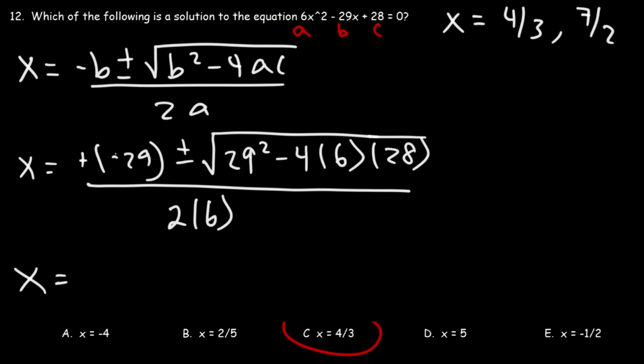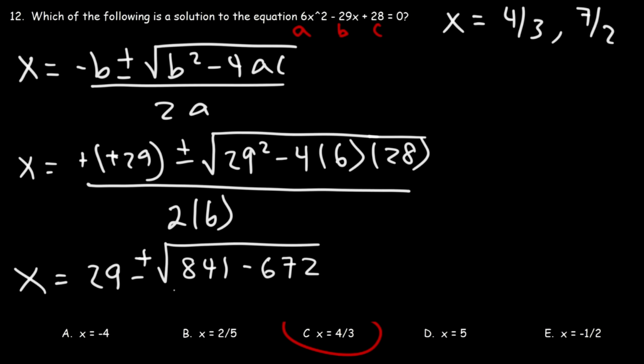So this is going to change to positive 29. And 29 squared, that is 841. Now 4 times 6 is 24. 24 times 28 is 672. And then we're going to divide that by 12.